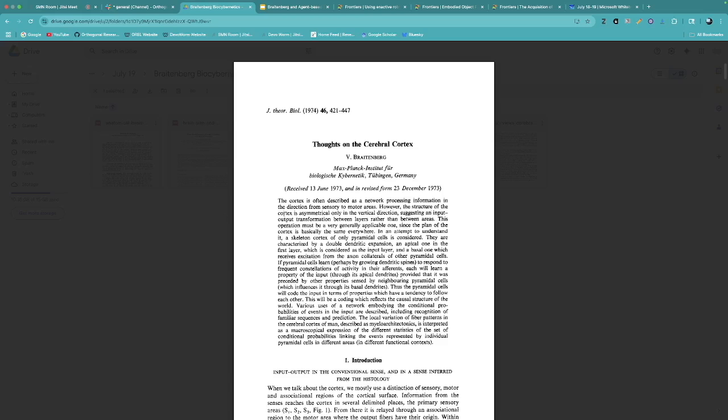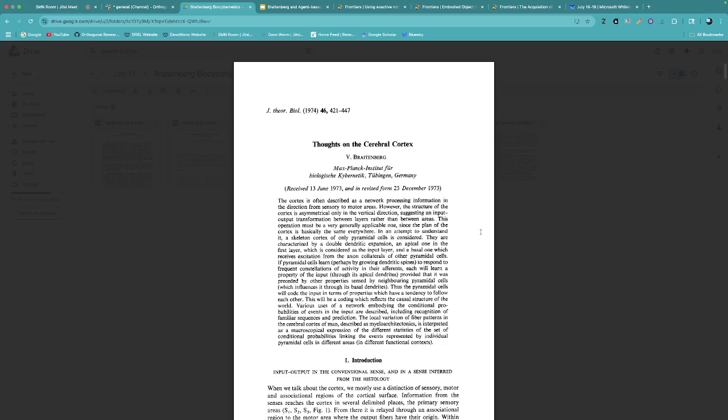However, the structure of the cortex is asymmetrical only in the vertical direction, suggesting an input-output transformation between layers rather than between areas. So if you think about the brain as having these modules or these layers, the asymmetry is only in the vertical direction. This operation must be a very generally applicable one, since the plan of the cortex is basically the same everywhere.